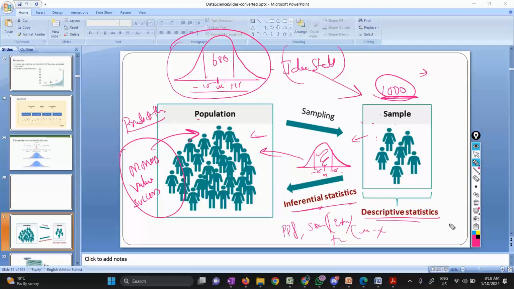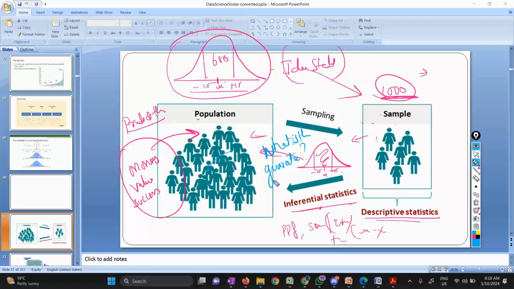So when the sample gave you a PDF which is following the normal distribution, there is one more question which begs to be asked, which is what is the guarantee? What is the guarantee that just because the sample is following the normal distribution, somebody randomly picked from the population, or a new sample that comes out from the population, will also follow the normal?